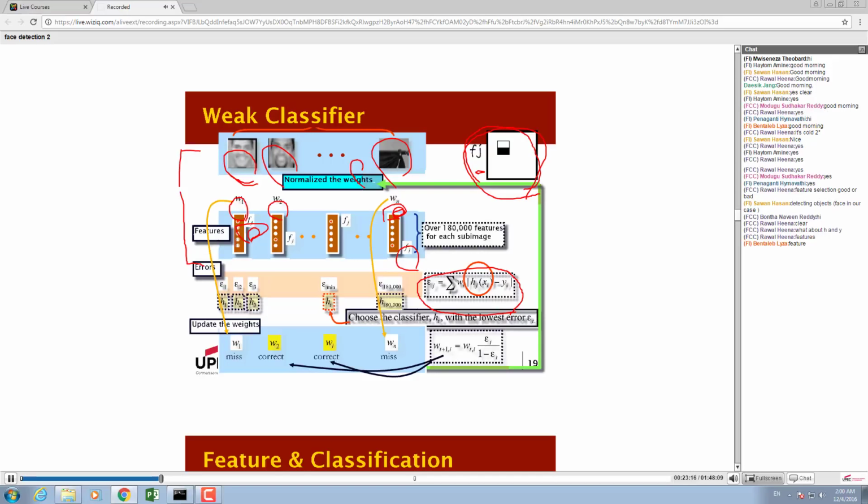Per one feature, we can calculate error Ej. For Fj, we calculate error Ej using this formula. So every E corresponds to every single feature F. Sample is X. Here the term sample means sample image, the face image, non-face image.